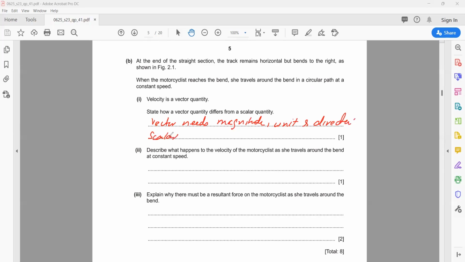Scalars need only magnitude and unit only. So vector quantities need the direction also.